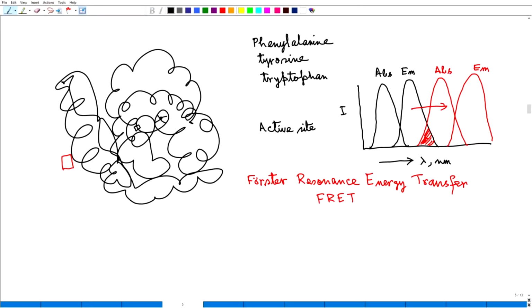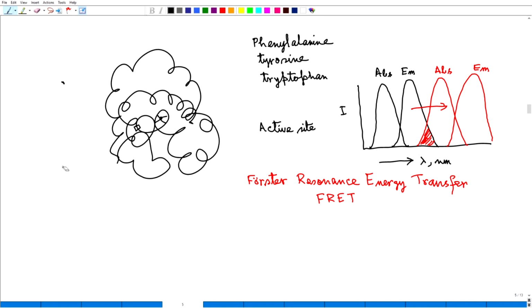Okay. So, if this is tryptophan, if this is phenylalanine, then I have to see where the phenylalanine absorbs and where it emits. Then, where it absorbs, I have to choose a fluorophore whose emission will match with the absorption spectra of phenylalanine.